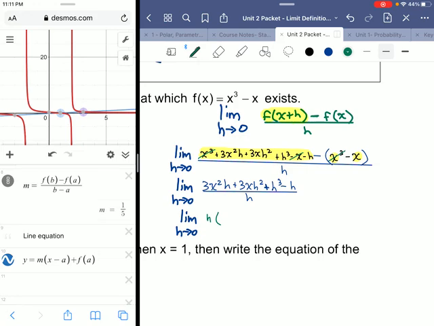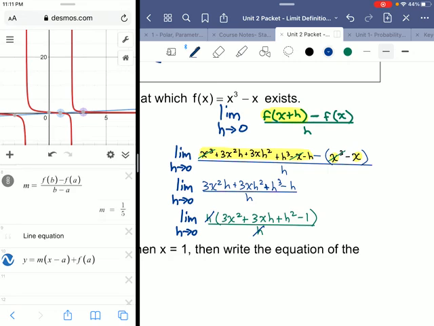All right, so we pull out the h. We have 3x squared plus 3xh plus h squared minus 1. Again, the whole thing is over an h. The h's cancel.